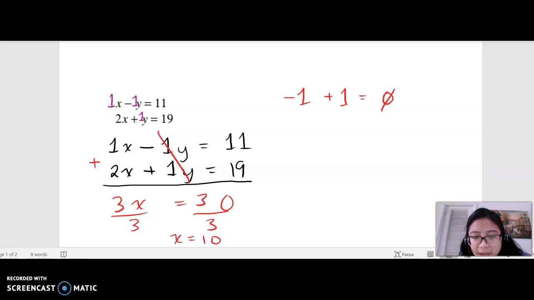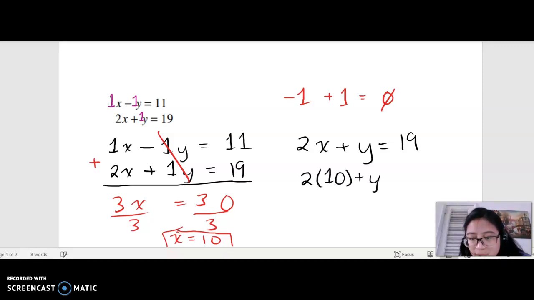And then over here with this value, I want to go ahead and find the other variable, y. So I'm going to plug this into, let's try the second equation. This is my second original equation. And instead of writing 2x, I'll write 2 times 10 plus y is equal to 19. 2 times 10 is just 20. And I just want to go ahead and get y by itself.